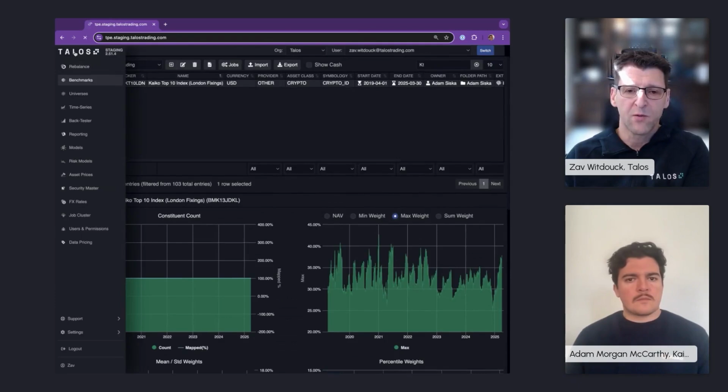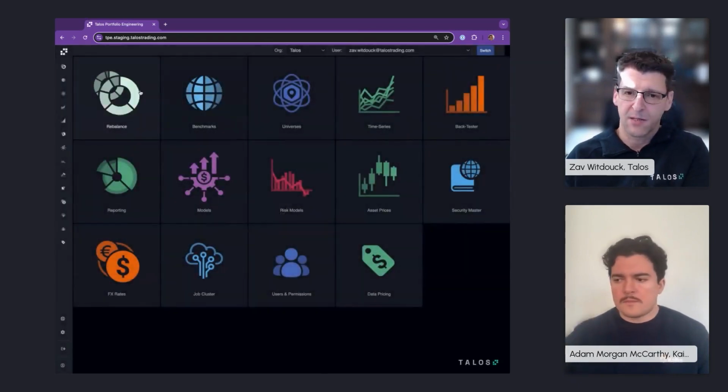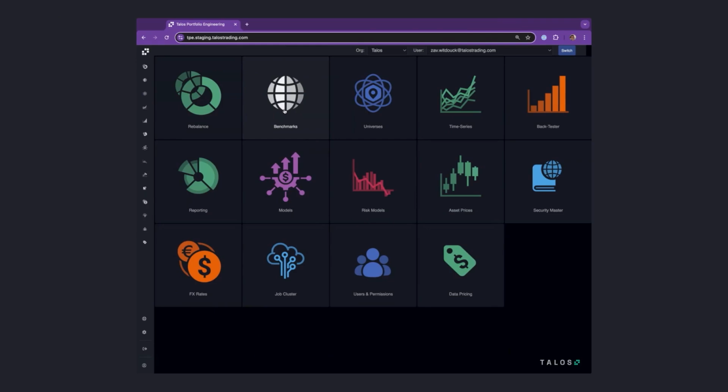Okay, so we've talked a little bit about rebalancing. We have this tool for creating and managing your own benchmarks. We won't cover all of this, but we also have a high fidelity backtesting tool. A very obvious question that an investor might have for something like the KT10 Index is, how much AUM could I realistically run on that index?